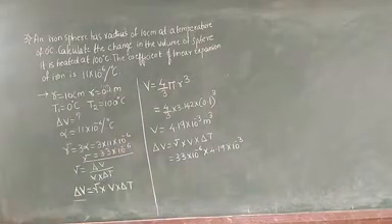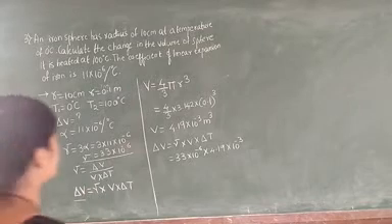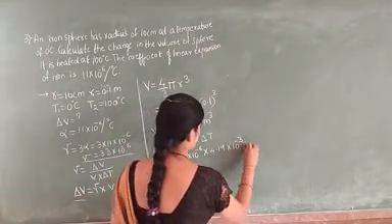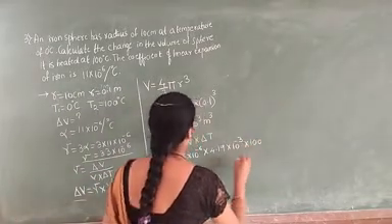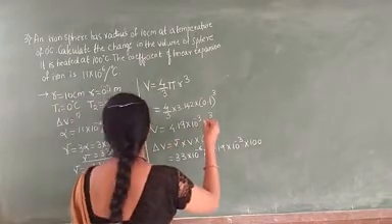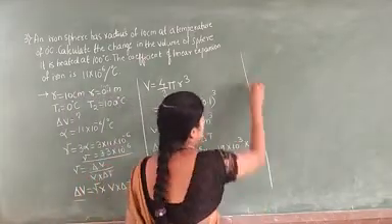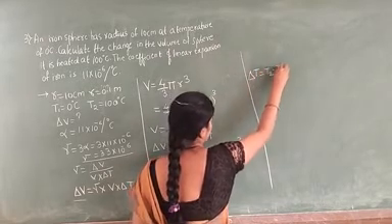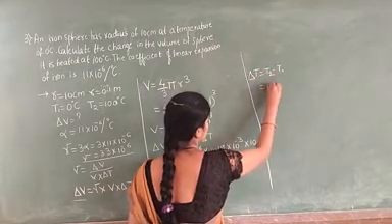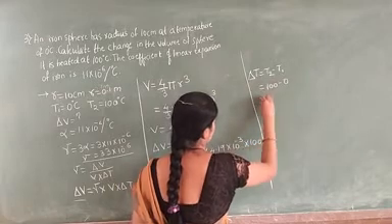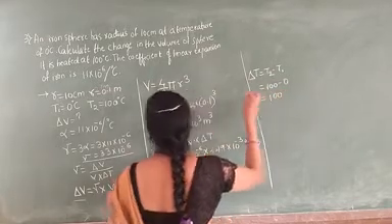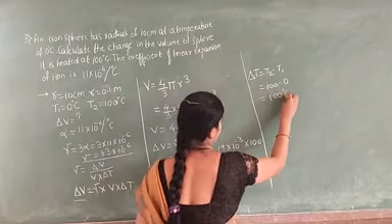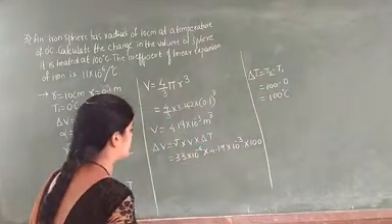And delta T we are considering as 100. To find the value of delta T, delta T is equal to T2 minus T1, 100 minus 0, that is 100 Kelvin, or 100 degrees Celsius.